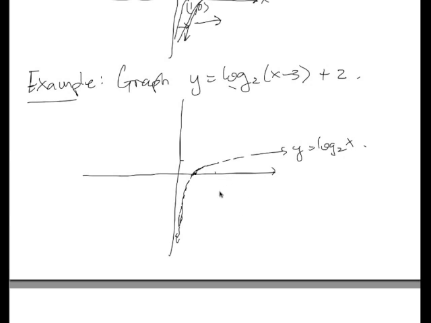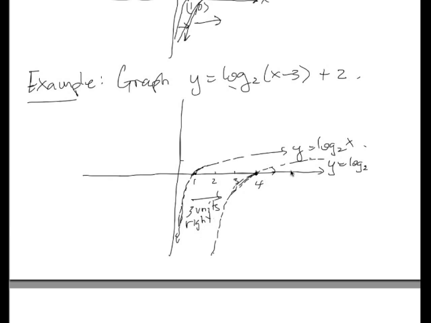Right, what does the negative 3 do? Well, that, of course, moves it across, and I'll need more space here. So here's 1, 2, 3, 4. So it moves everything across 3 units to the right. So we do something like this. Alright, so this would be y equals log in base 2 going across 3 units here.